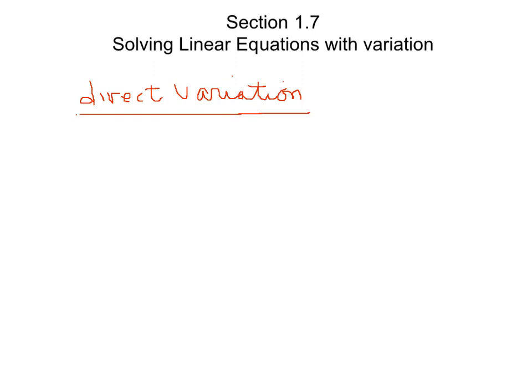And here we have two variables, two expressions. And if they vary directly, what that means is if one gets bigger, the other gets bigger. If one gets small, the other gets small.